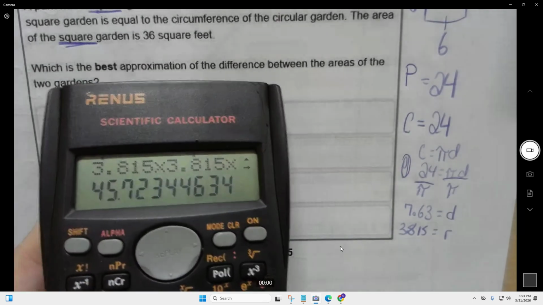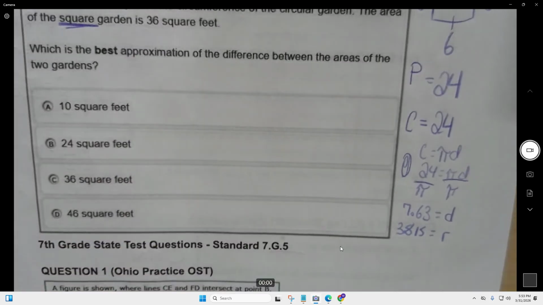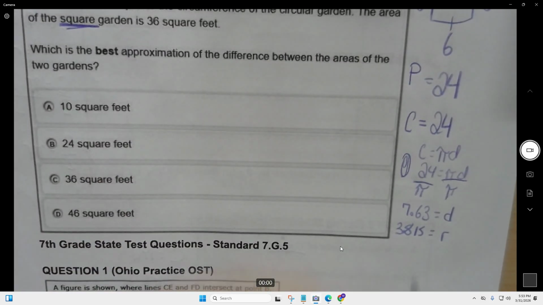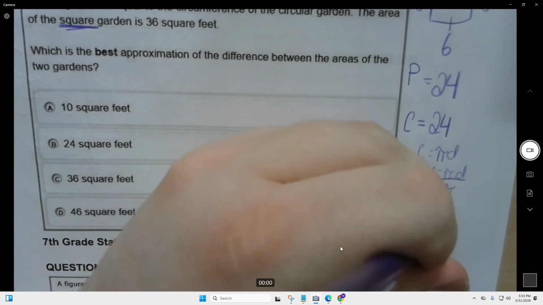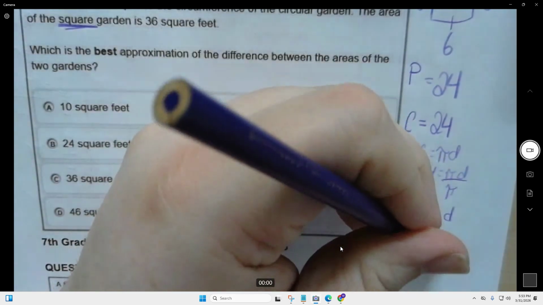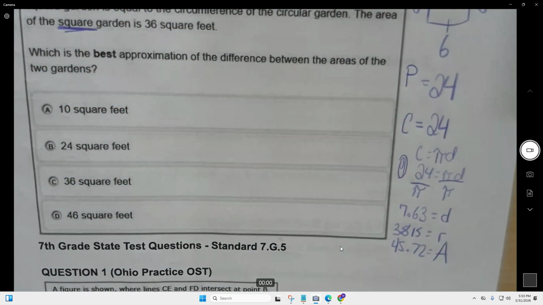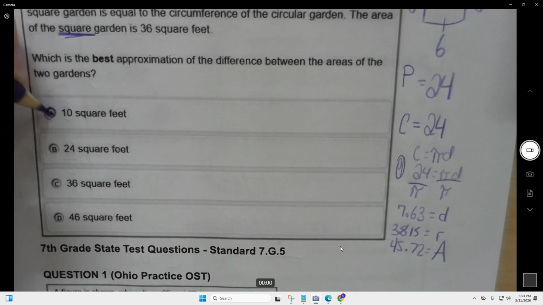And you get 45.72. Equals the area. So what's the difference? Roughly 10 square feet.